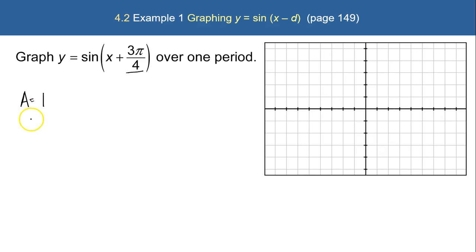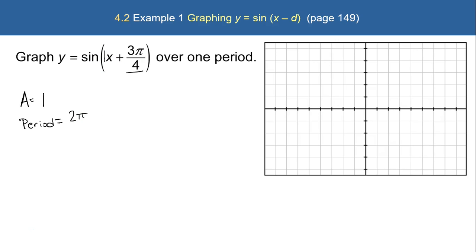And then identify the period of our function. Okay, so our period of our function is going to be equal to 2 pi over our value of b. And remember, b is what's being multiplied to x, and in this case, it is 1. So our period of our function is 2 pi.